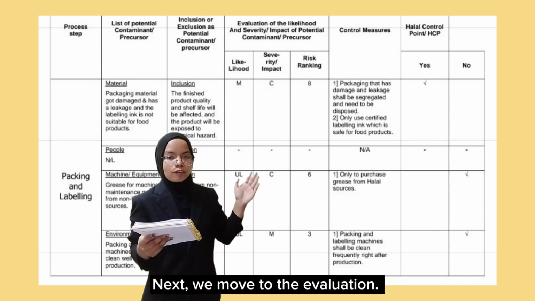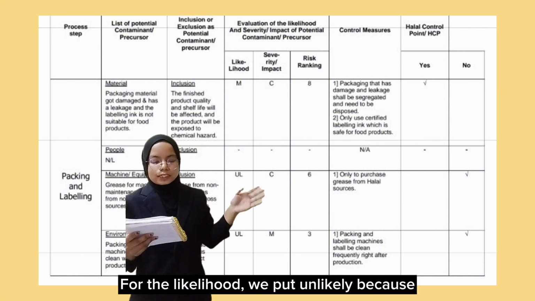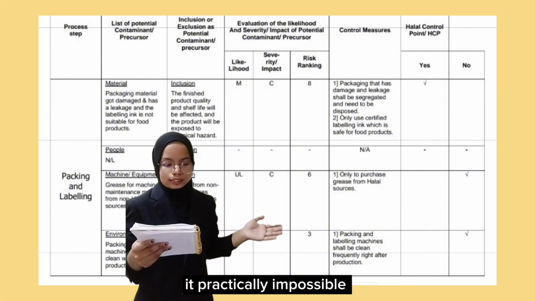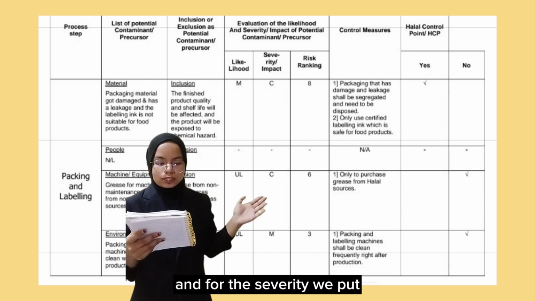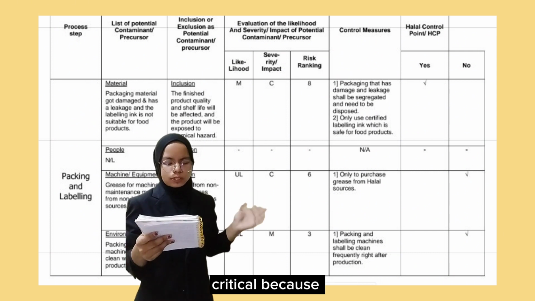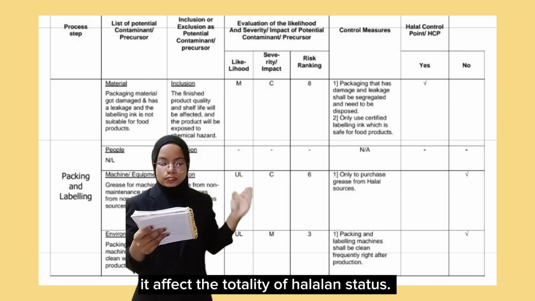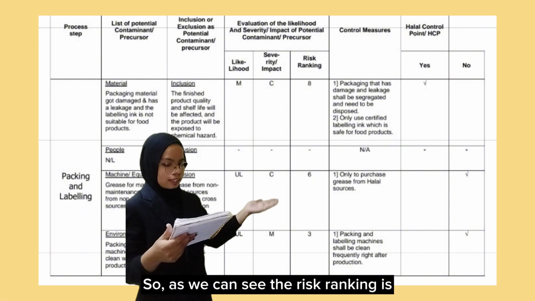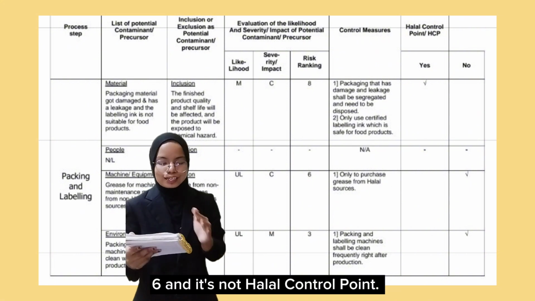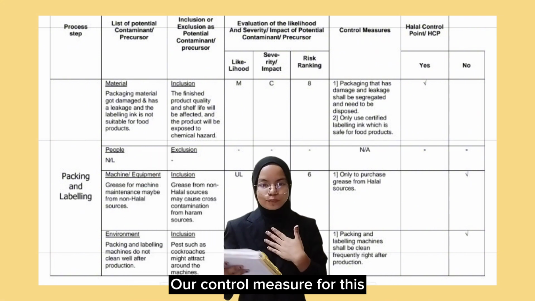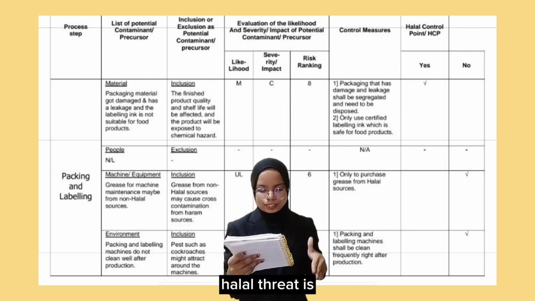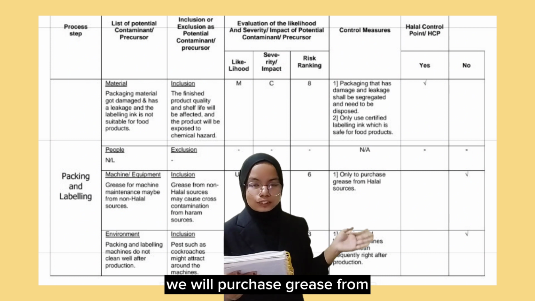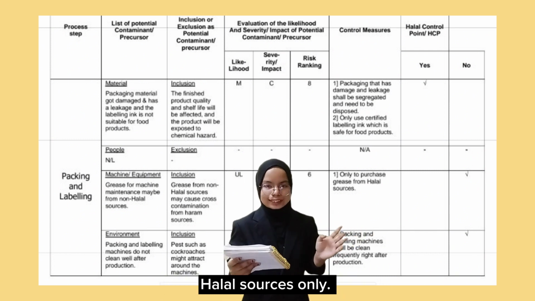Next, we move to the evaluation. For the likelihood, we put unlikely because it is practically impossible, and for the severity, we put critical because it affects the totality of halalan status. As we can see, the risk ranking is 6 and it's not a halal control point. Our control measure for this halal threat is we will purchase grease from halal sources only.